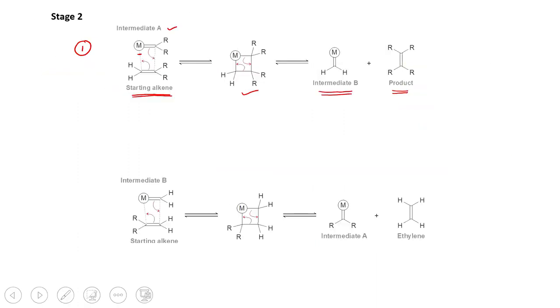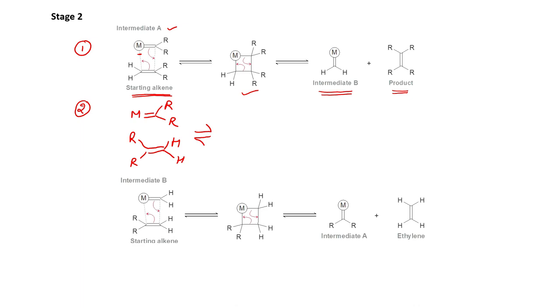Now another case you can take, for example your metal will go with the alkene having high substitution. So in the first case we take your metal going with this high substitution.